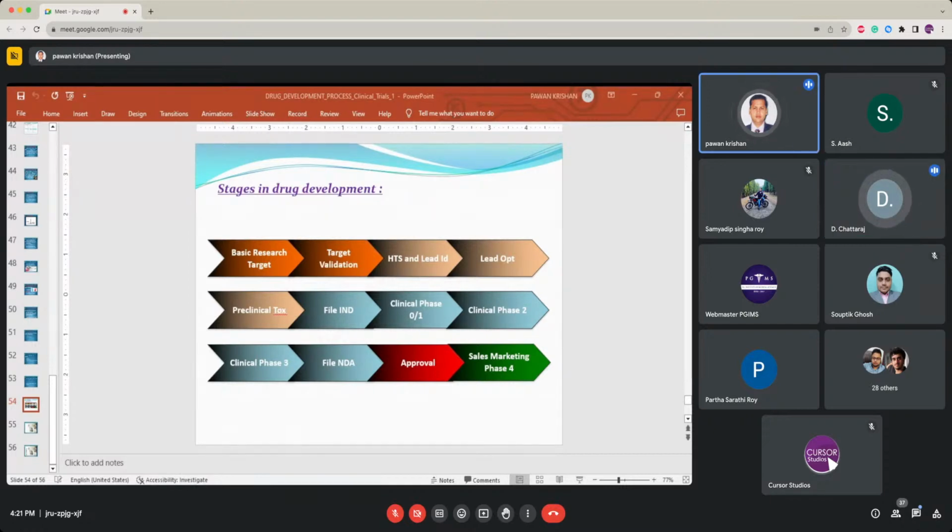Kindly mute it. Lead optimization means basically the refining of the properties.